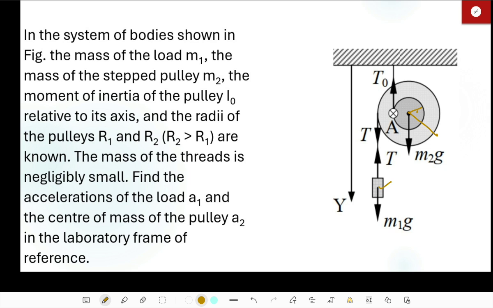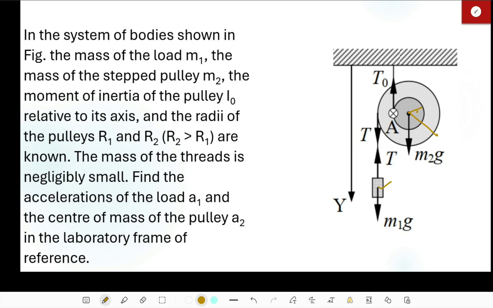And our pulleys are performing only purely rotational motion. About which axis? I can get an instantaneous axis of rotation here.